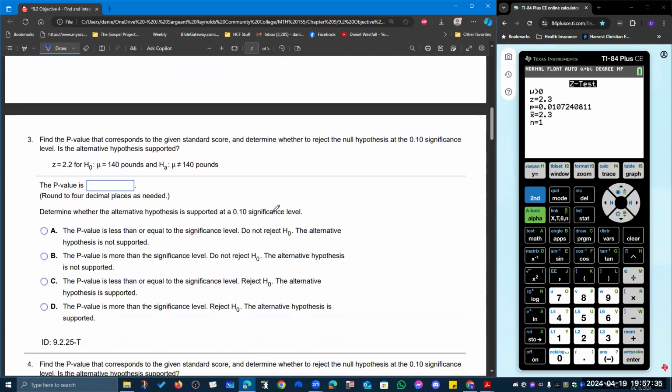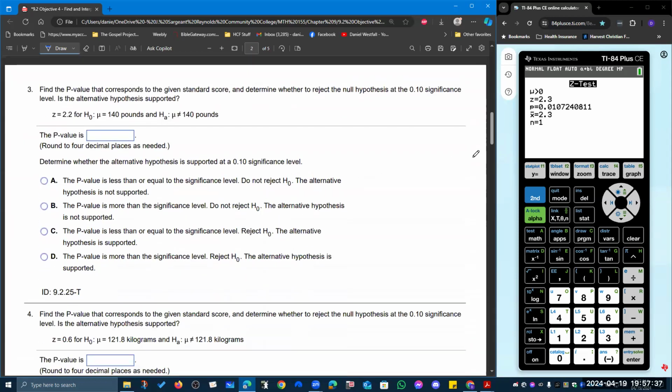All right, let's go ahead and look at this one. Stat Tests, Z-Test, and they give us 2.2 for our z-value again, and they tell us that we have a not equal to situation here.